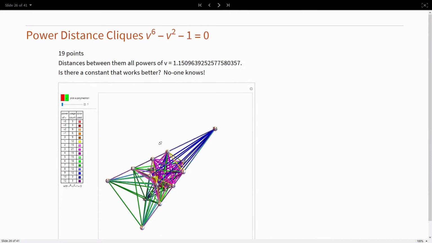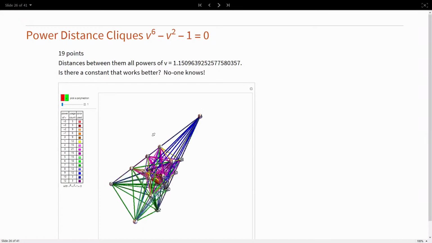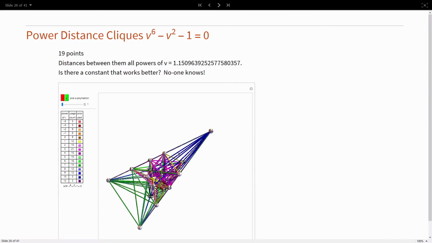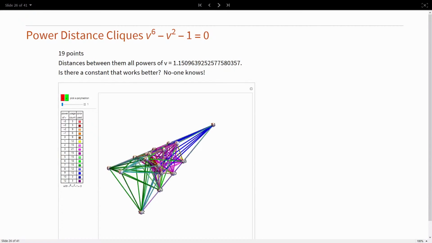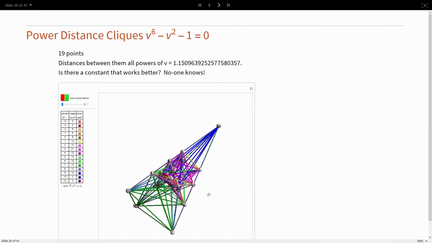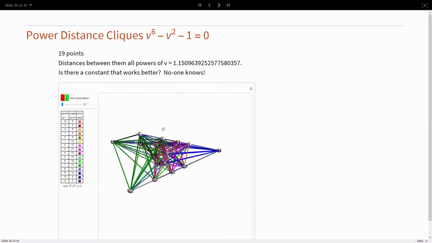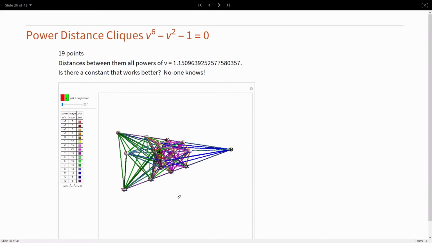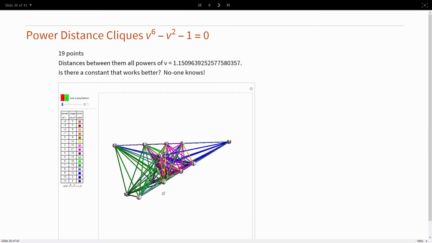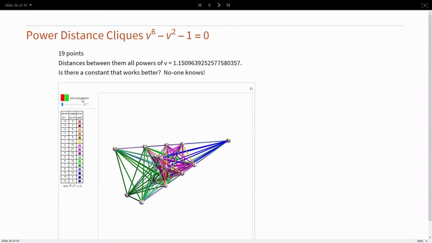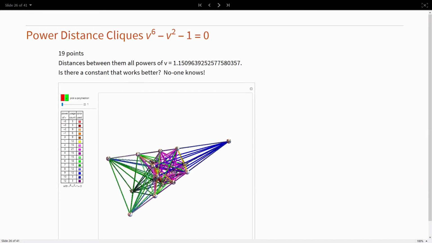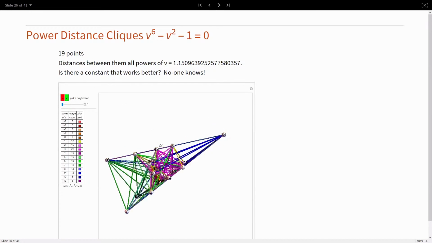Whether it means anything, I'm not sure, but so far no one has found anything that even approaches this. This is one of these objects that was just begging to be found. All I needed to do was play around a little bit with some points, and this 19-point object just sort of popped out. And there's a demonstration for this set of cliques in the plastic constant.